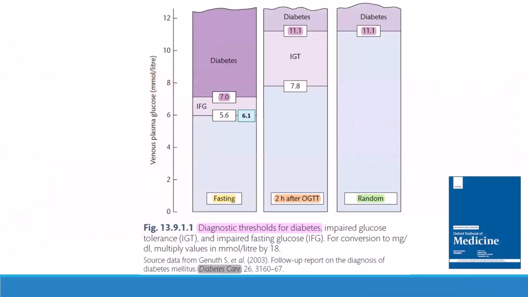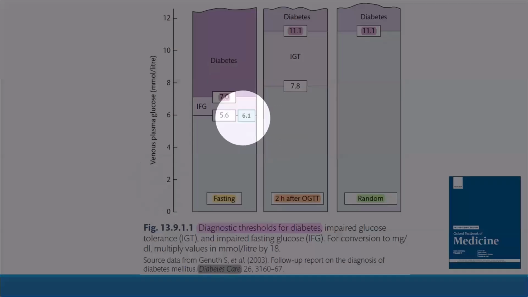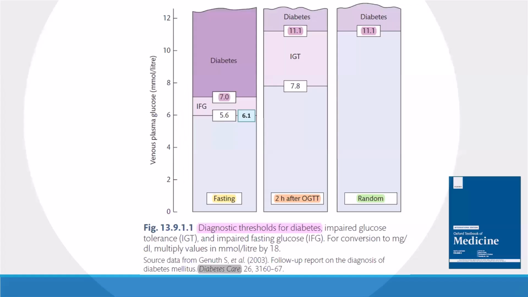And in this table from the Oxford textbook, actually I put 6.1 to show that this is WHO and NICE. The original algorithm is not presented with 6.1. I put 6.1 to indicate that normal fasting 6.1 is for NICE and WHO, not for other societies.